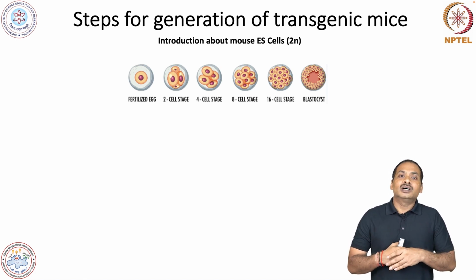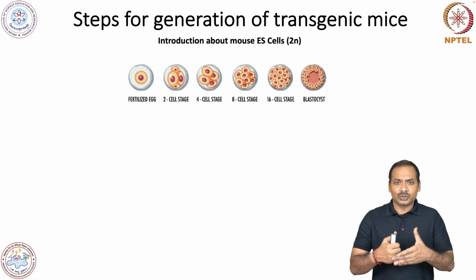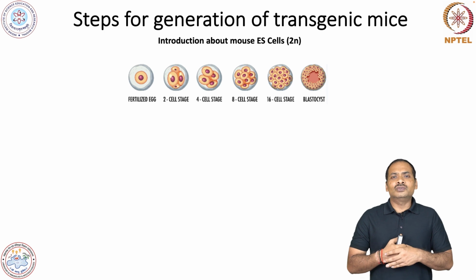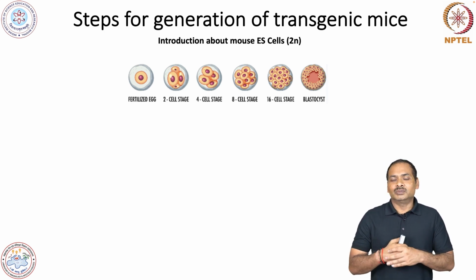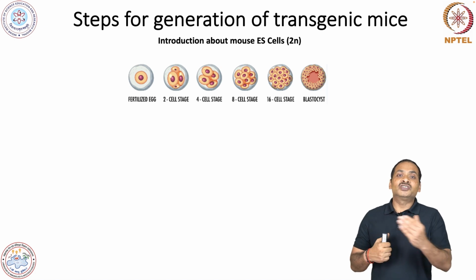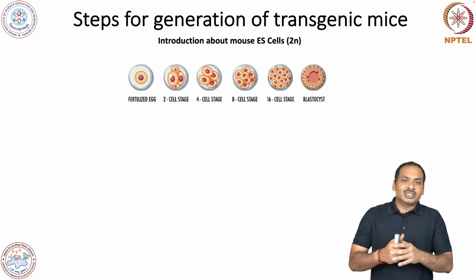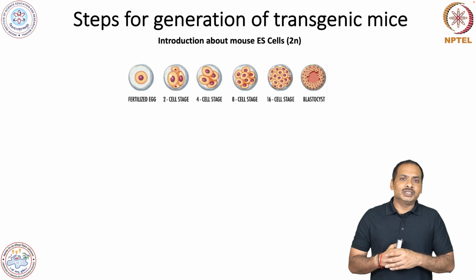However, if you use embryonic stem cells growing on dishes, you cannot use them for making transgenic mice, because they will differentiate. So, their culture work is quite different.